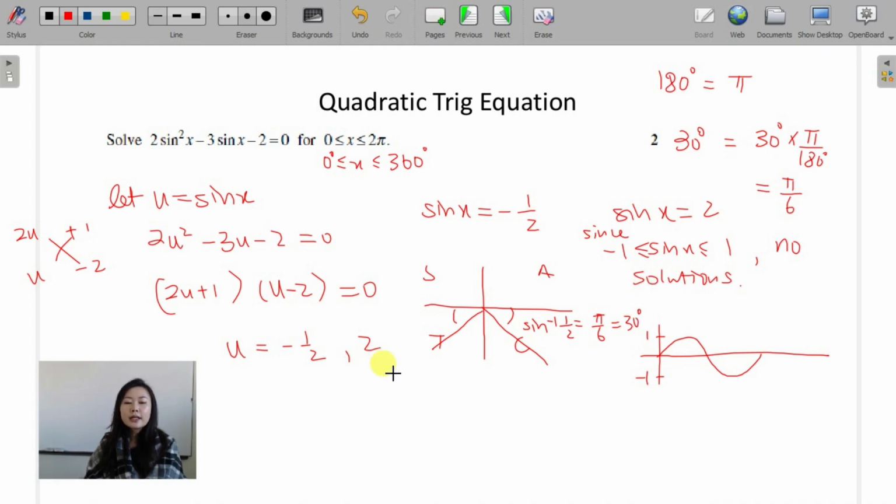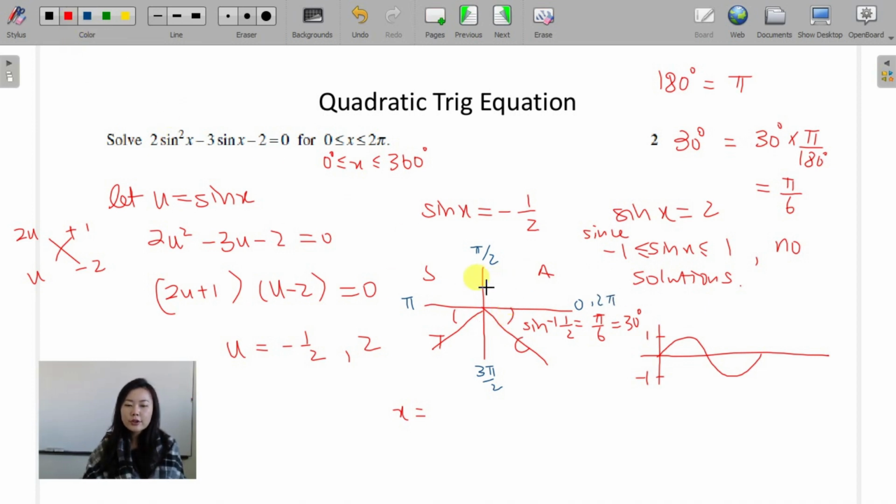Then x is equal to, now I'm just going to express the boundary angles in terms of radians so that you can wrap your head around it. So it will be 0, pi on 2 is 90 degrees, pi is 180 degrees, 3 pi on 2, 2 pi.